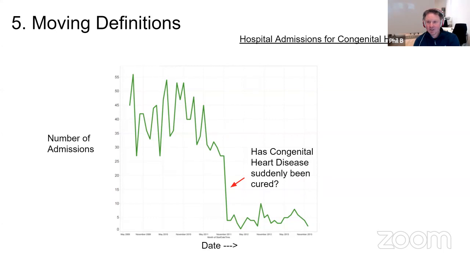So congenital heart disease, the same illness, still existed. It's just that it was being defined as something else. So if we were trying to model how many people have congenital heart disease, its definition has changed, so we need to correct its definition.